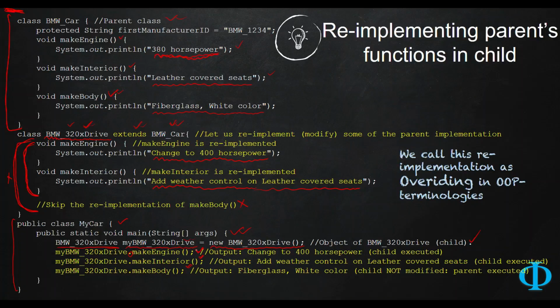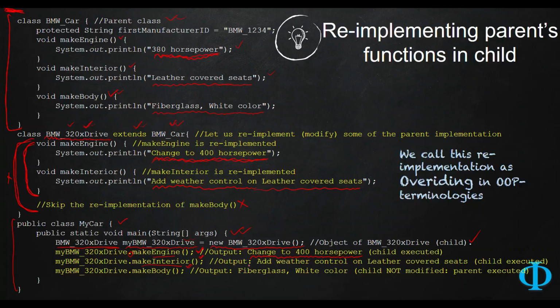So in the first two functions, that is make engine and make interior, whenever you run this program, you will notice that it executed the modified implementation inside this child, that is changed to 400 horsepower, which is this one.